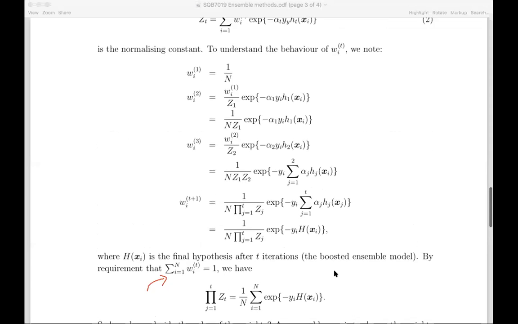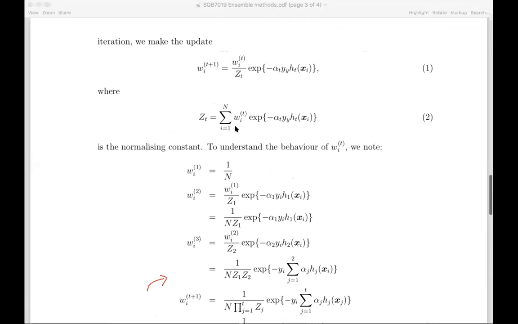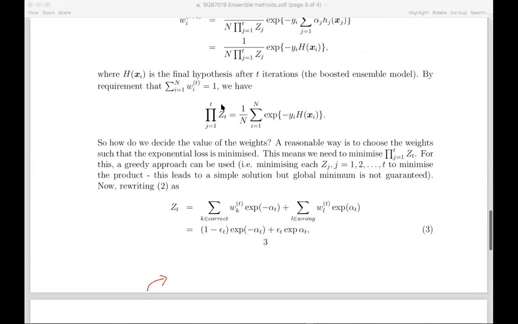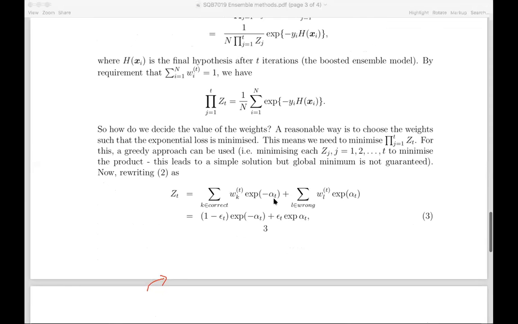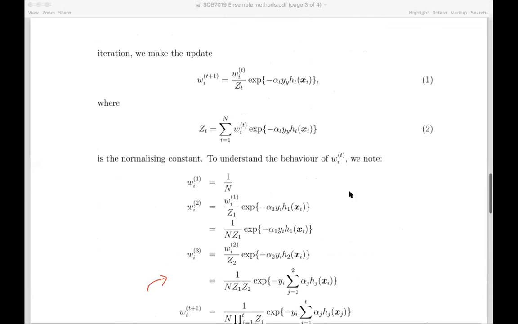In equation 2 you sum from 1 to n, but among 1 to n there are those that are correctly classified and those that are wrongly classified, so you can separate them out. The part that is correctly classified will have this form, and the part that is wrongly classified will have this form.